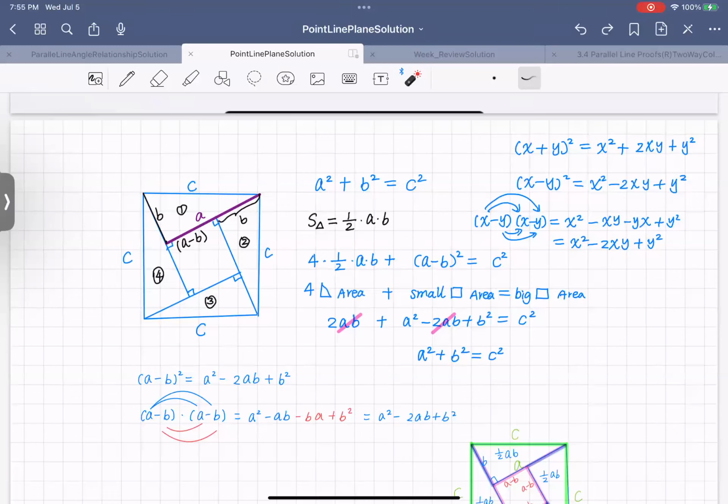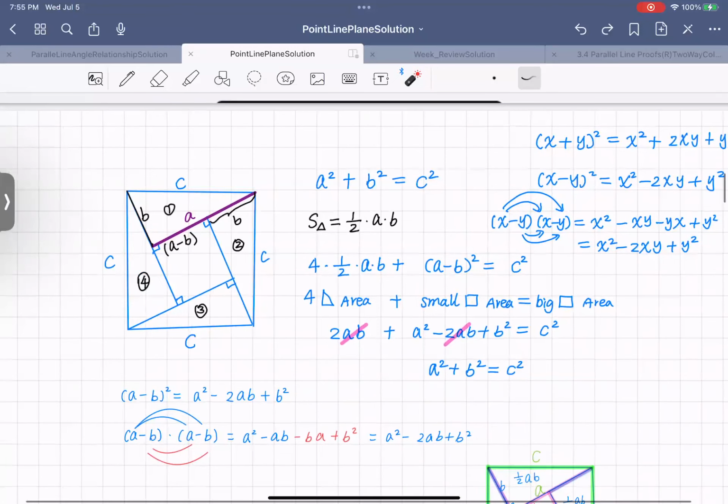And then look at this. Sophie, the B and A, this is 90 degrees. So what's this triangle area? This is B, this is A, this is 90 degrees. How much is this area?